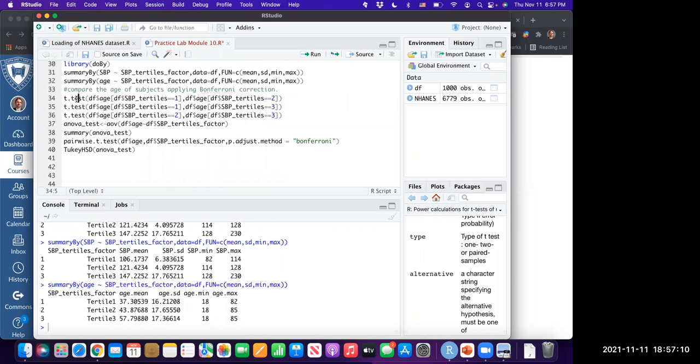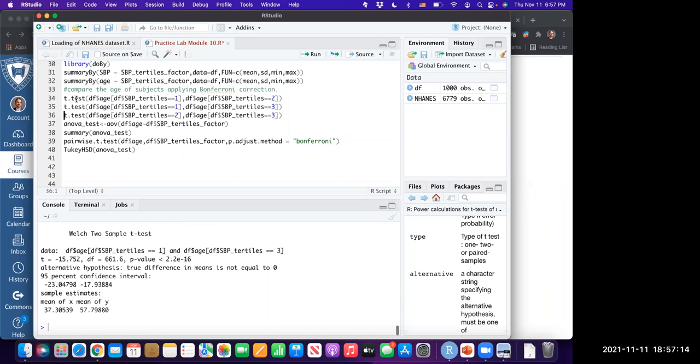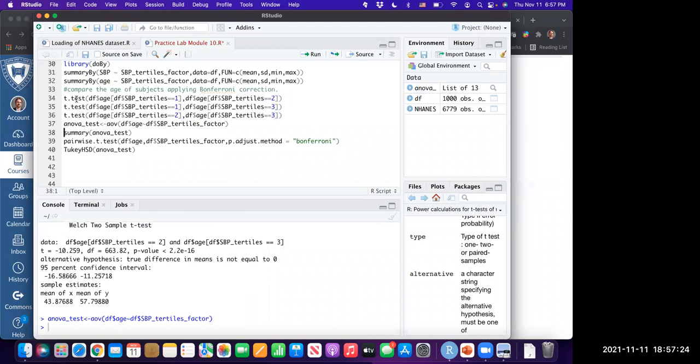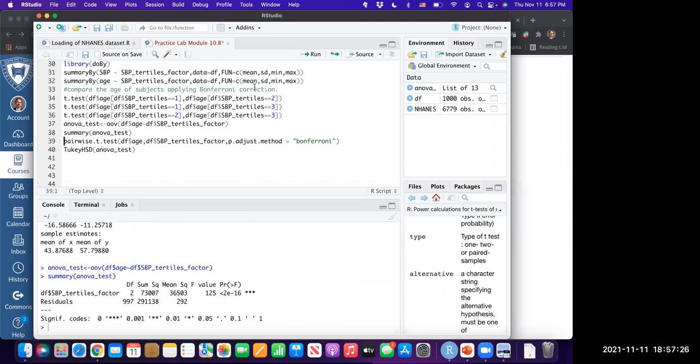And you can then build t-tests between all the groups. This is how you test your hypothesis in this data. If you are doing an ANOVA, you essentially get the ANOVA table that we've discussed before.